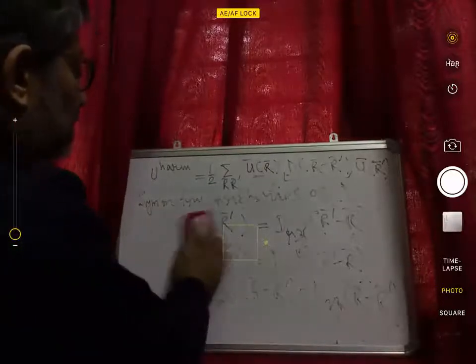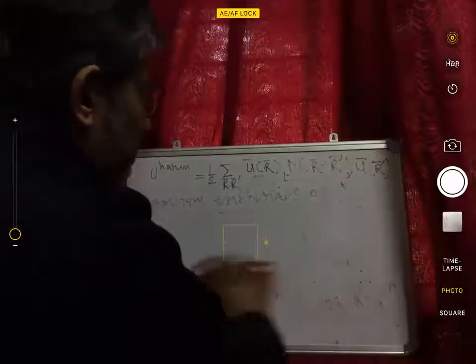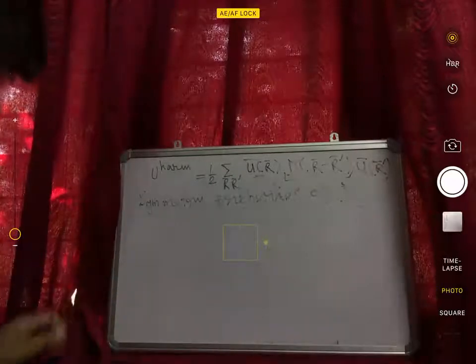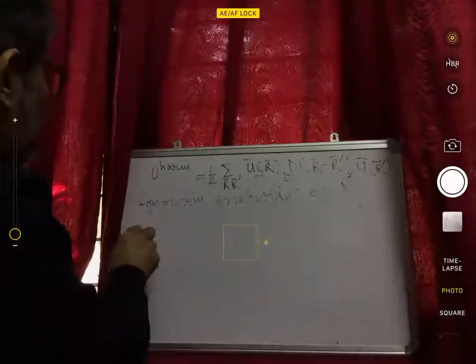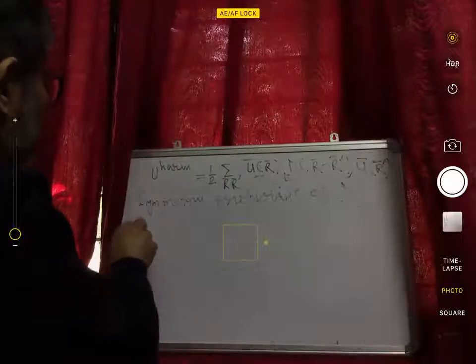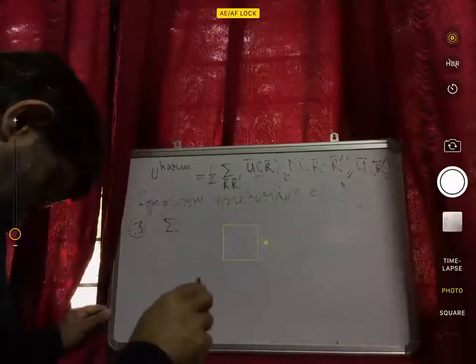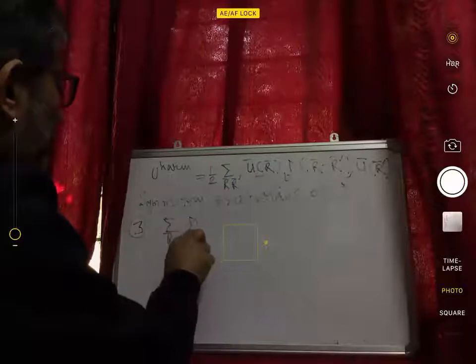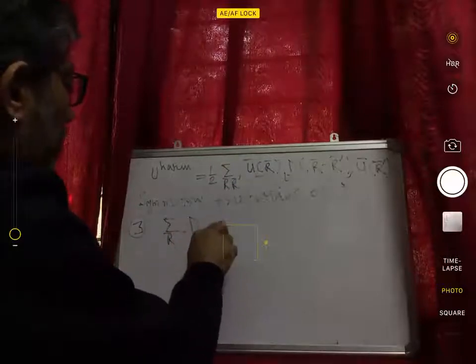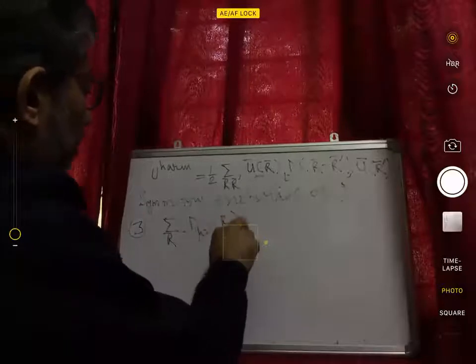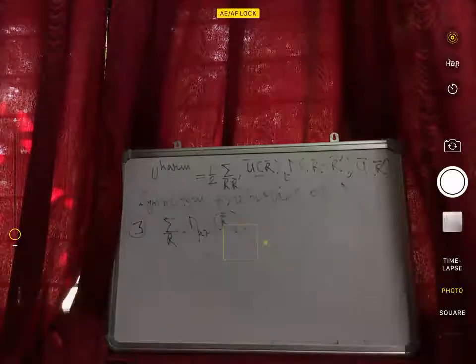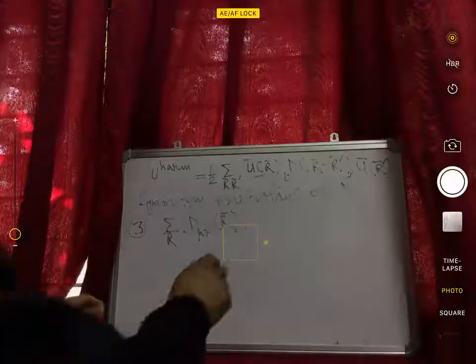And finally, the third point, the third symmetry property. So what we are trying to get at is this quantity. So for this, you consider a situation where all u's are equal.